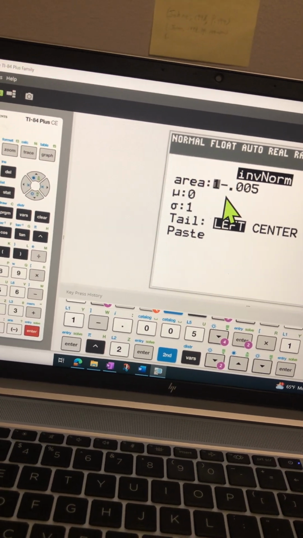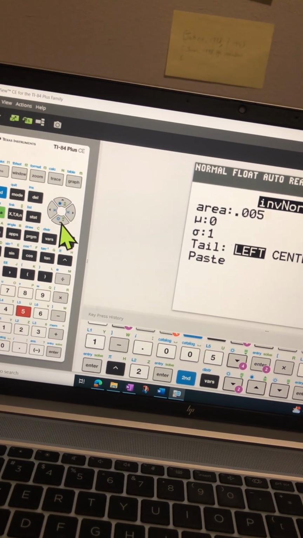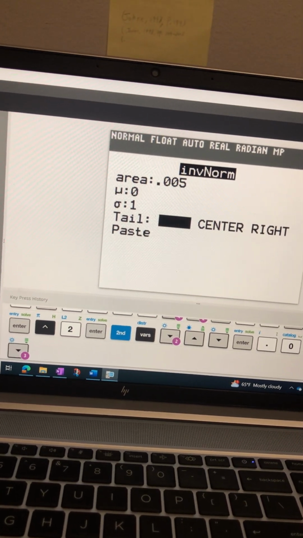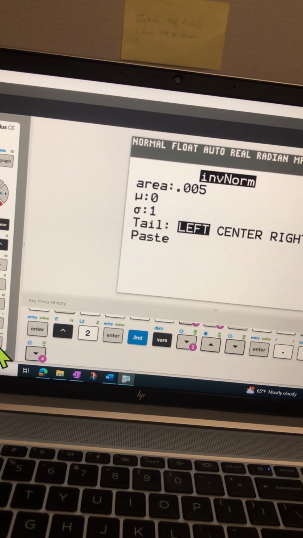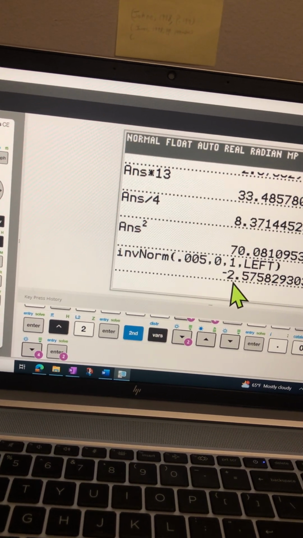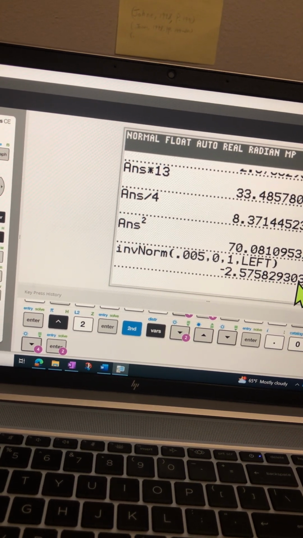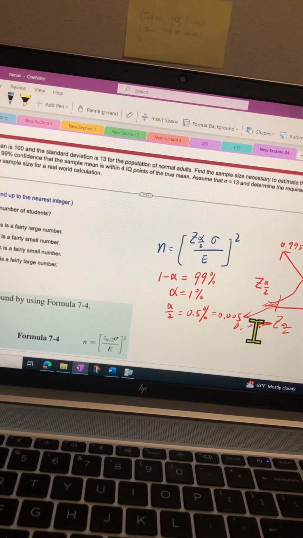And the area is going to be 0.005. And keep mu as 0, sigma equals 1 because it's standard. And keep this as left. And then paste. And the value is 2.5758293303.